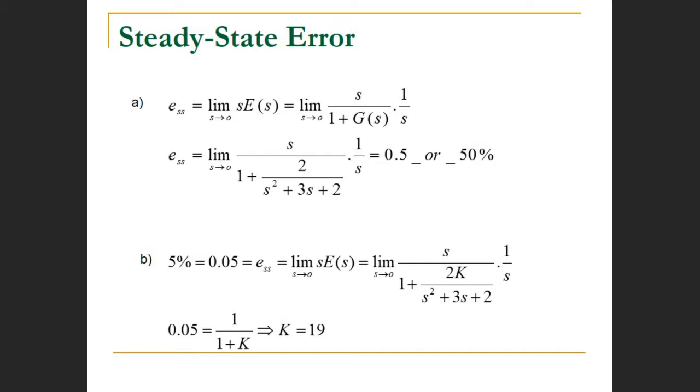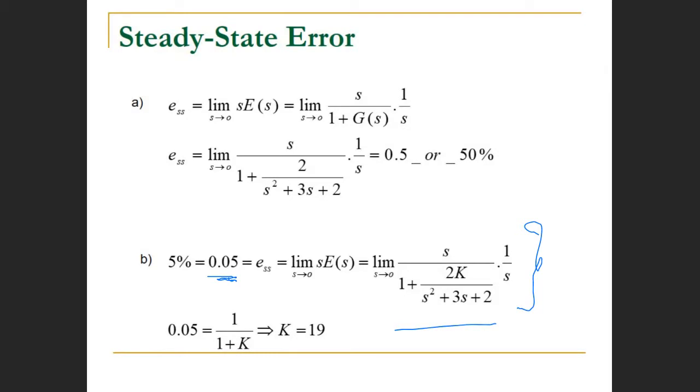So steady state error is 0.05. Equate it to the expression E subscript SS, and what we're going to end up with is something like this, where this is now equated to what we have here. And we're doing a similar thing here. So we're substituting S equals 0.